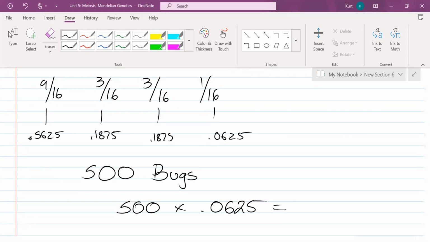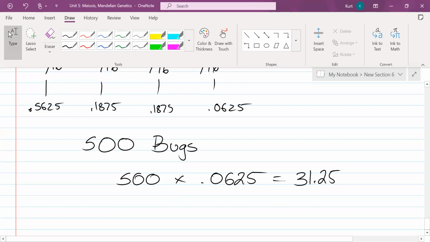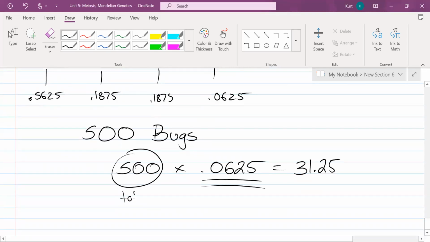Out of 500 insects, I would expect, keyword, expect, 31.25 to show the recessive trait for both. That's something that a lot of people were getting stuck with, when I ask them, how do you find out how many individuals have this trait or that trait? They didn't know. You multiply the total times the frequency. Okay? You multiply the total times the frequency.